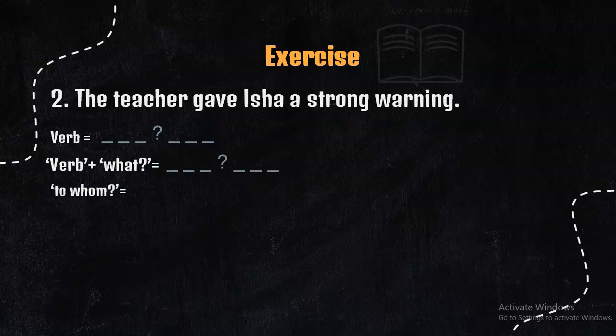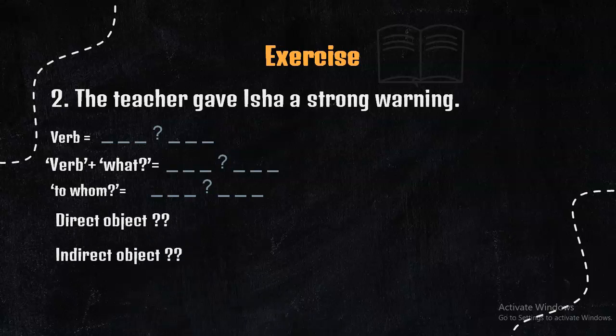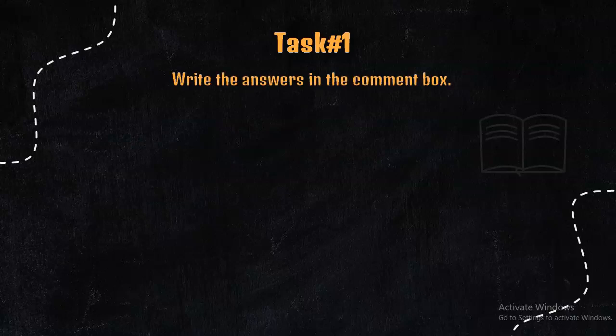Then find out to whom, like who is receiving that verb plus what. Okay? And you will get the direct object as well as the indirect object. Now follow the same technique and do this task and write the answers in the comment box.